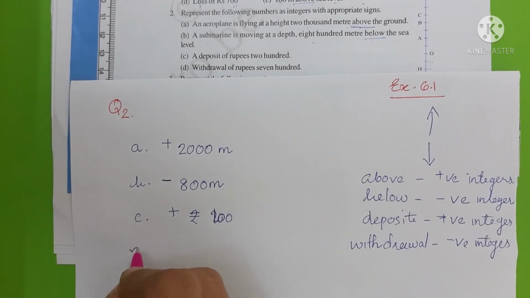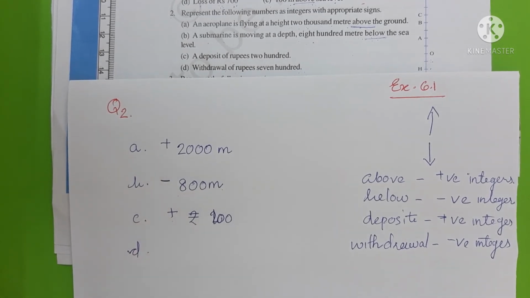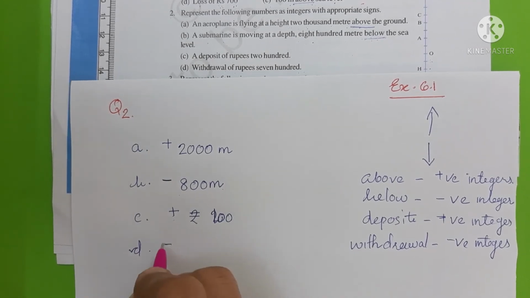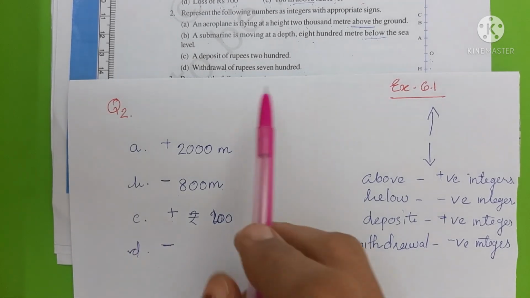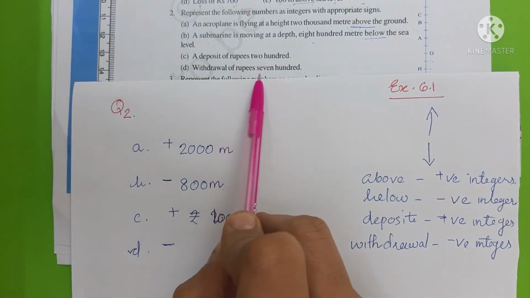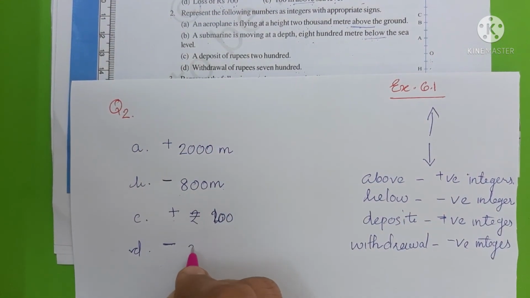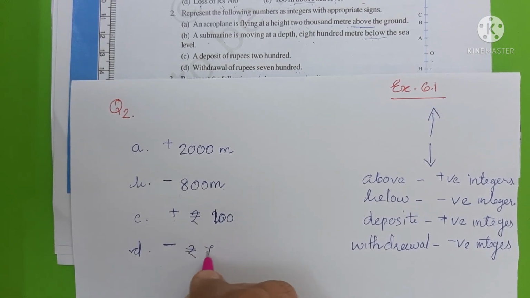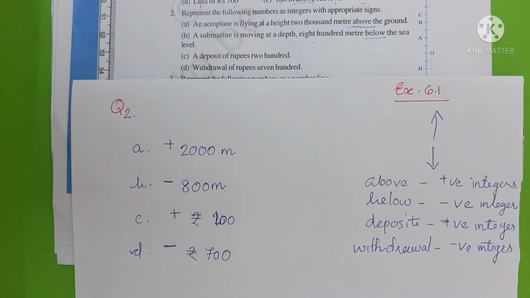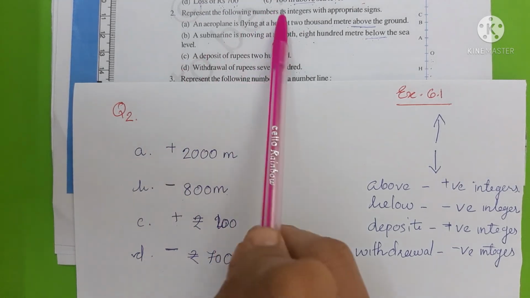So the answer of D is withdrawal of rupees 700. Withdrawal indicates negative integer, so we put the negative sign first. Then the digit representing is rupees 700. So negative rupees sign and 700. So we finished the second question.